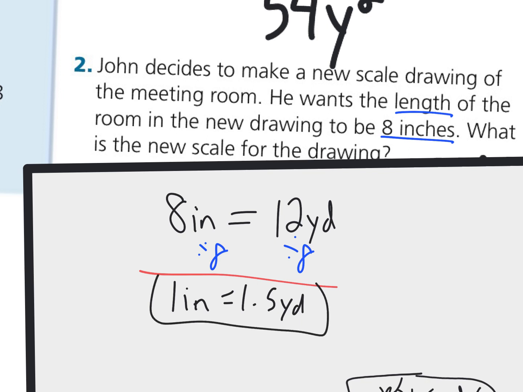You could try to reason it out that it was 4 inches, now it's 8 inches, but then you have to think about, am I doubling or am I dividing by 2? It might be a little bit more thought process. It might be a little bit easier doing it this way, just going with the 8 inches that we know we want and knowing that it was actually 12 yards and then just reducing that down.